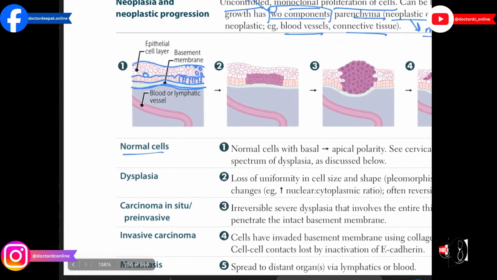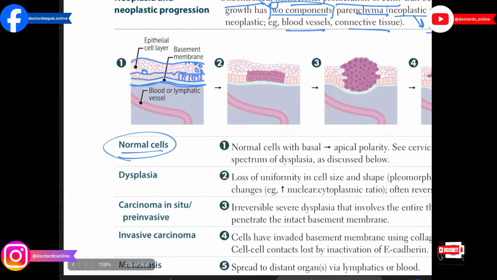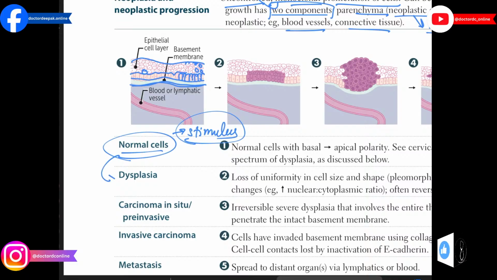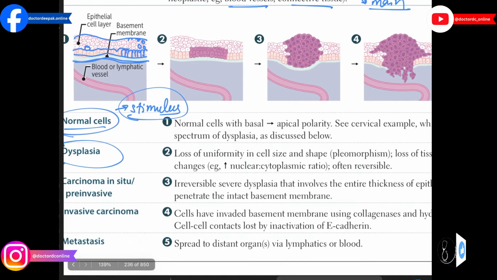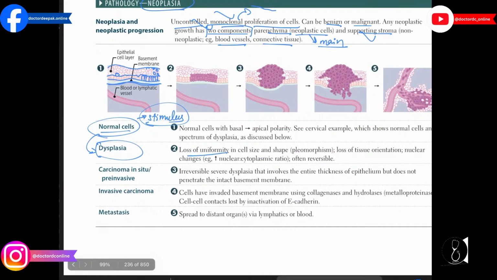Our second point: when normal cells face any stimulus affecting them, they will convert into dysplasia. Dysplasia is the loss of uniformity in the size and shape of cells.